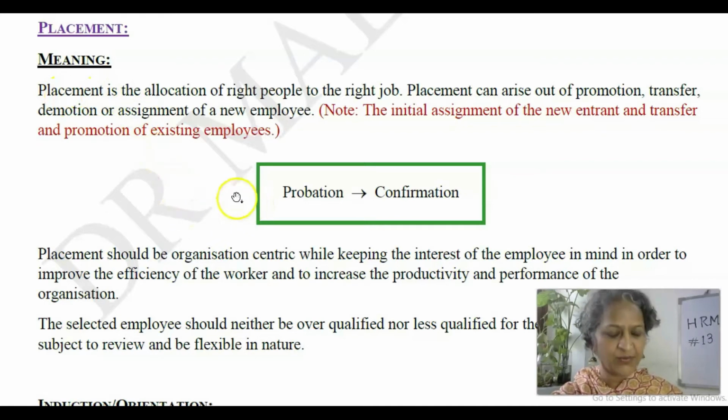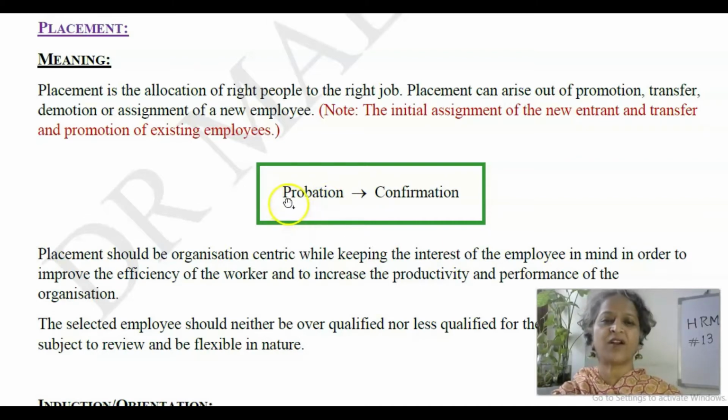Now we know that when a person is appointed in the organization, there is a cool off period. This cooling off period is termed as probation. That means before confirming the job of this new appointee, what the organization has to do is to put this worker on probation. That means this is termed as the trial period for both, for the employer and for the employee.